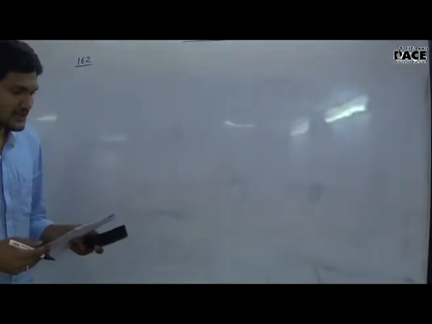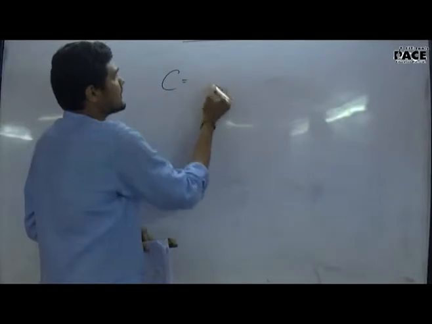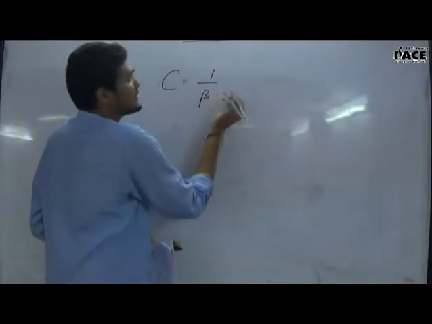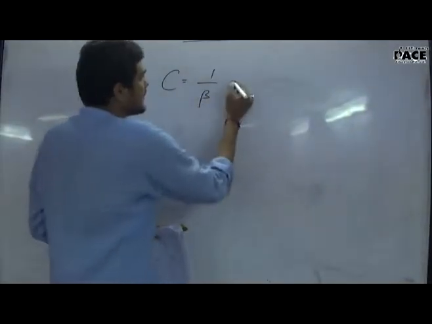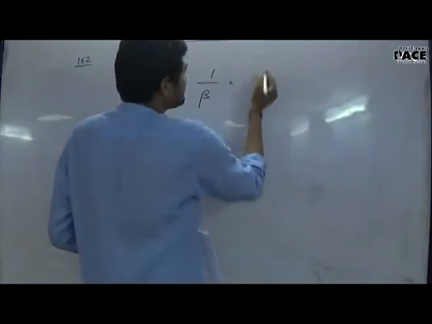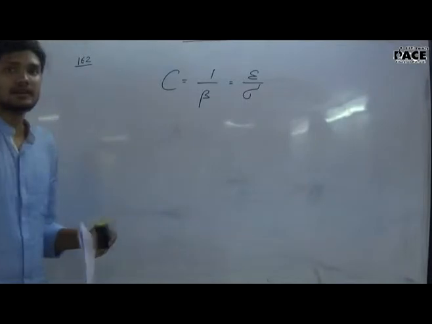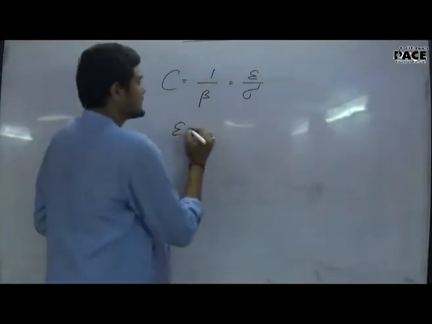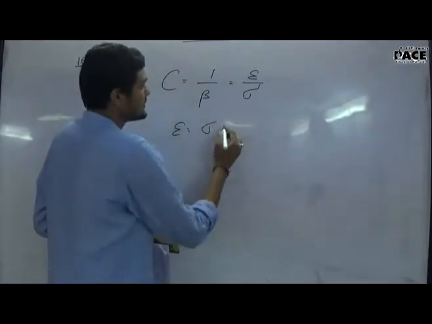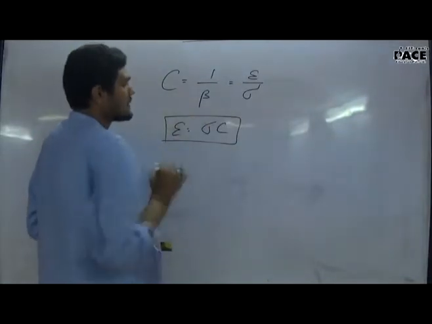Next, let's move on to question number 162. The compressibility of water is given. Compressibility is equal to 1 upon beta, the bulk modulus, which is stress upon strain. So strain is equal to compressibility times stress.